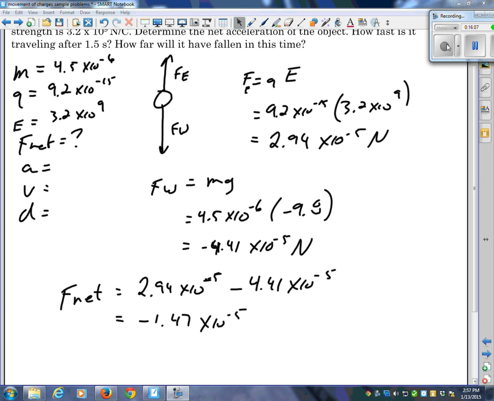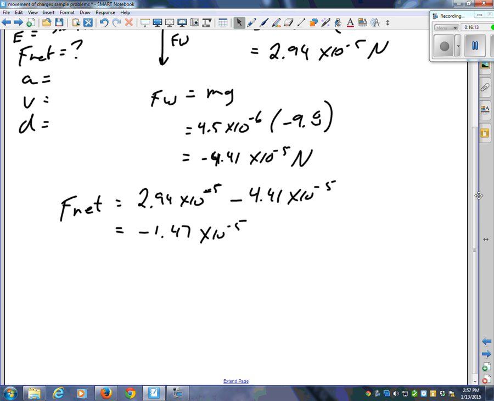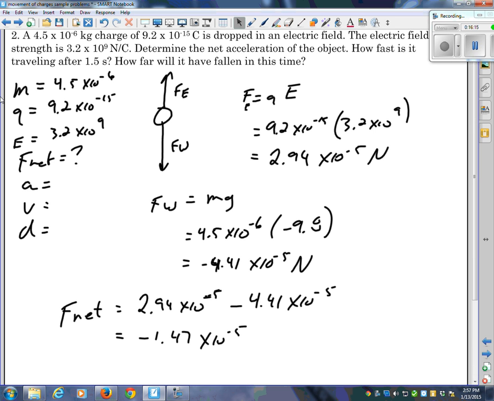So what's the next step to find the net acceleration? Now you'll notice over here, I wrote down the mass, the Q, the E, and then F net equals question mark, and then I went A, and then B, and then D. These are the order that they asked me, so this is likely the order that I'm going to have to solve for them. Follow those steps.